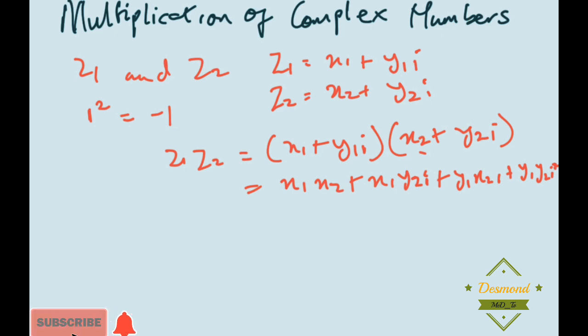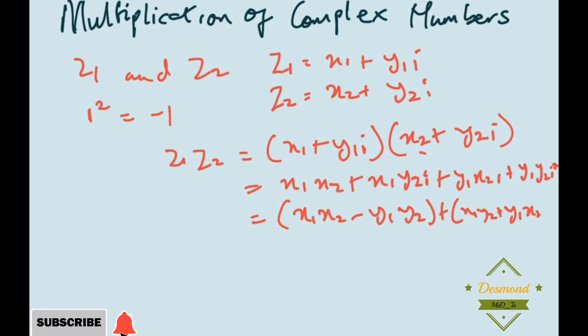Right, then we just group like terms. Grouping like terms, you should get x1 x2 minus y1 y2 plus x1 y2 plus y1 x2 i. So when we multiply two complex numbers together, this is what we should get. We should get a real part and we should get the imaginary part of it.